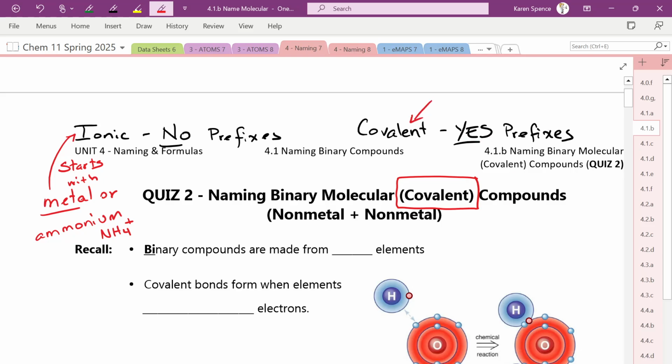Covalent compounds, how do we know we have a covalent compound? 2 nonmetals. And so we say, yes, prefixes. Again, these are binary, so they are made from 2 elements.